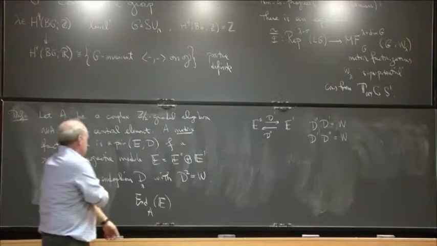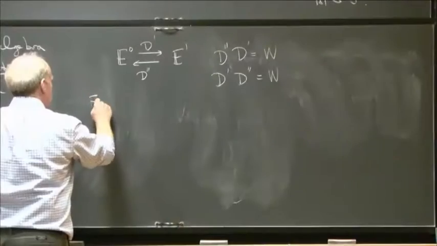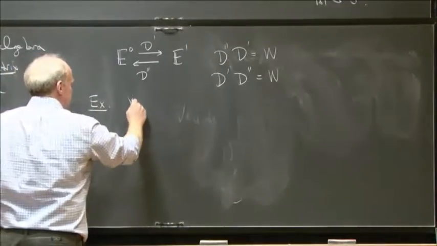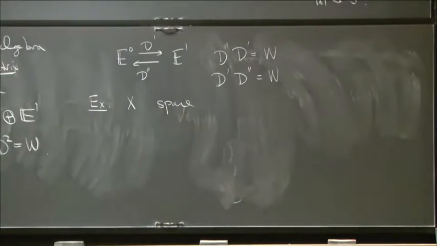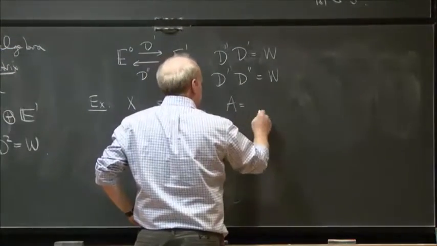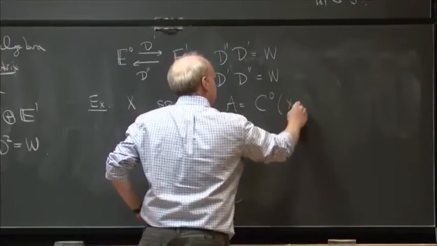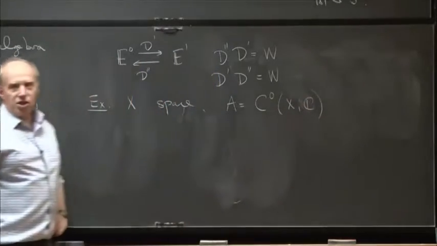So the first kind of example is to take X to be a space, maybe a nice space, and think of the algebra as being just the algebra of continuous complex valued functions.